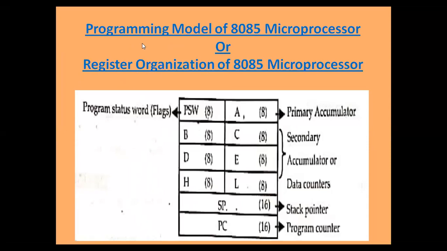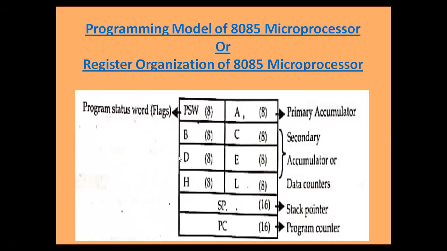Understood? So programming model or register organization means how many registers are there in the 8085 microprocessor, what are their purposes, and how we are using them in our programming. That's why it is also called the programming model of the 8085 microprocessor.